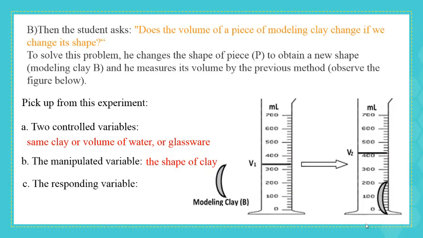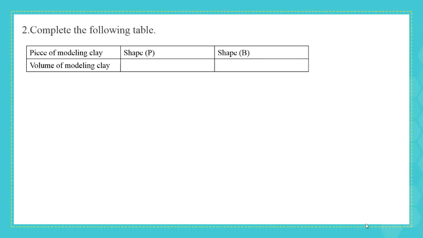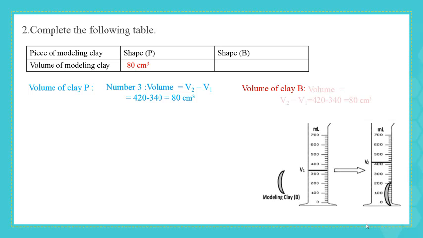The responding or affected variable, it is the measured volume. Complete the following table. To complete the table, observe the volume determined in experiment 1 and in experiment 2. Then fill the table easily.